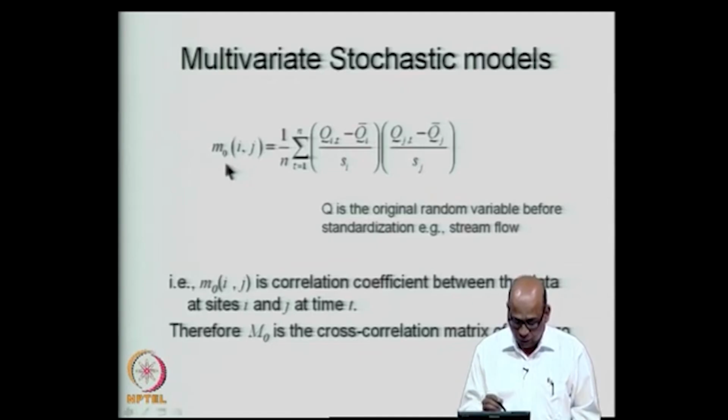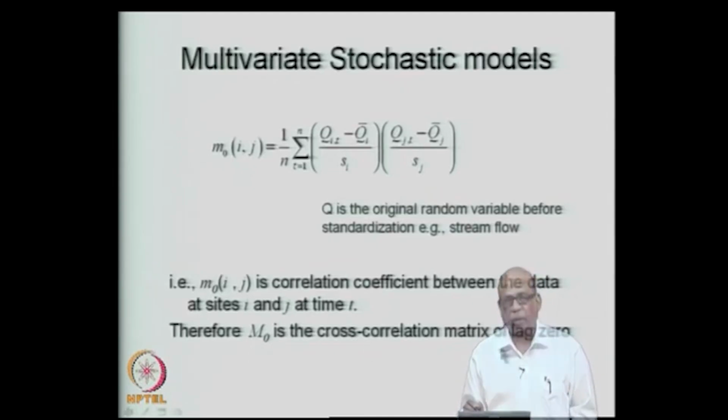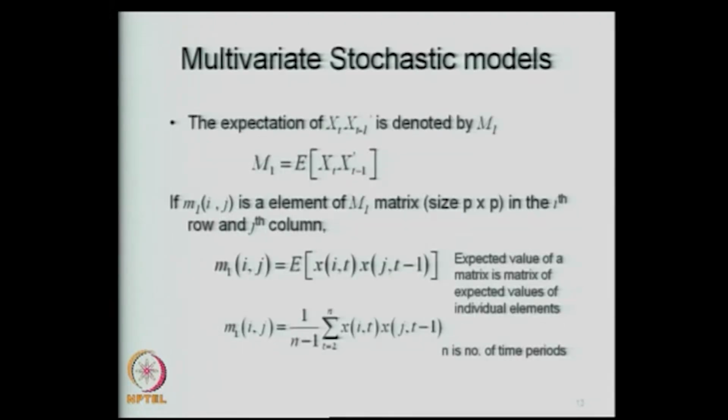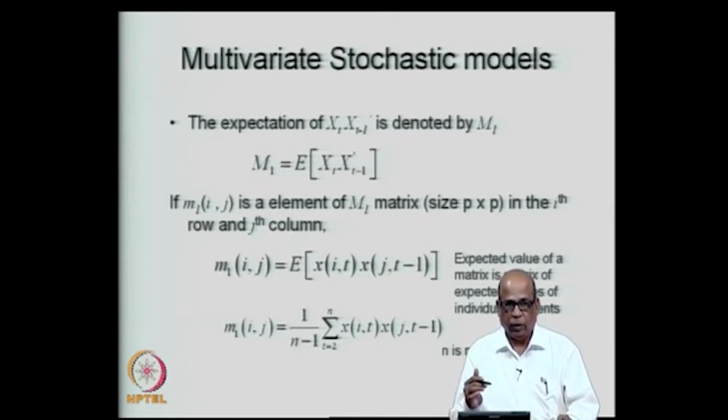So, M naught is in fact the cross correlation matrix at lag 0. We are not considering any lag here, we are talking about the time period t itself. So, we know how to formulate the matrix M naught. We will progress and see how we formulate a matrix M 1 now, which will consider lag 1 with respect to time.